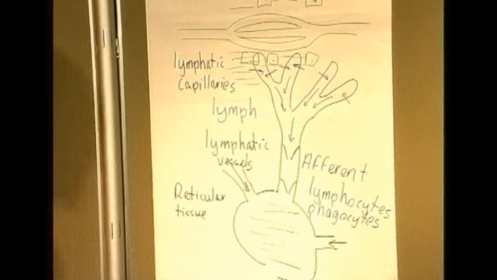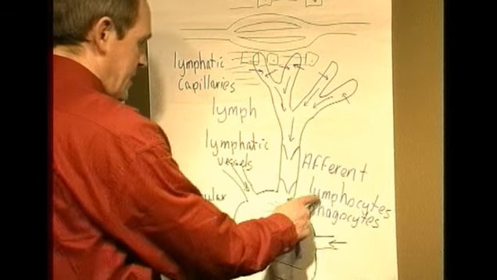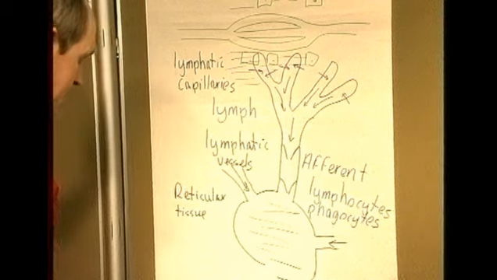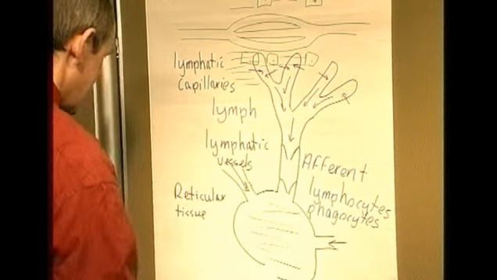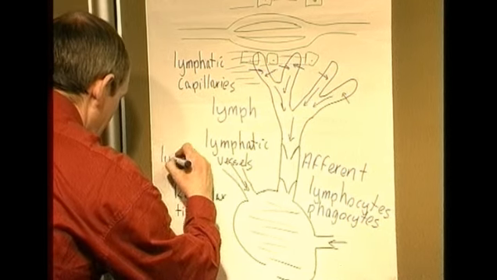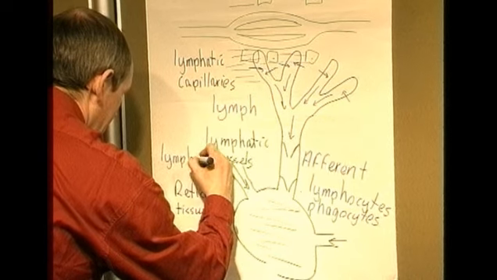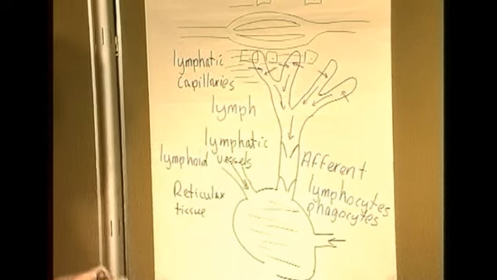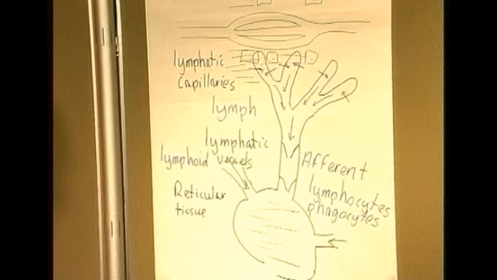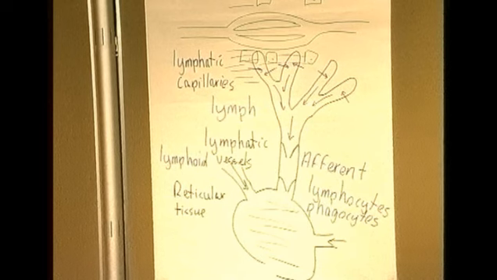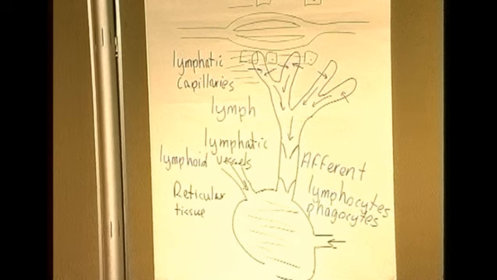So we see that lymph nodes are made up of reticular tissue, lymphocytes and phagocytes. Collectively, we refer to this as lymphoid tissue. So the lymph nodes contain lymphoid tissue to filter the tissue fluids, the lymphatic fluid draining from the tissues, and to deal with any infection which is in the tissue fluids.